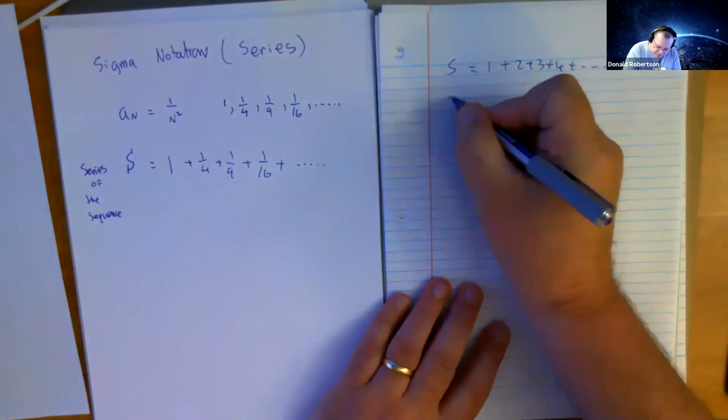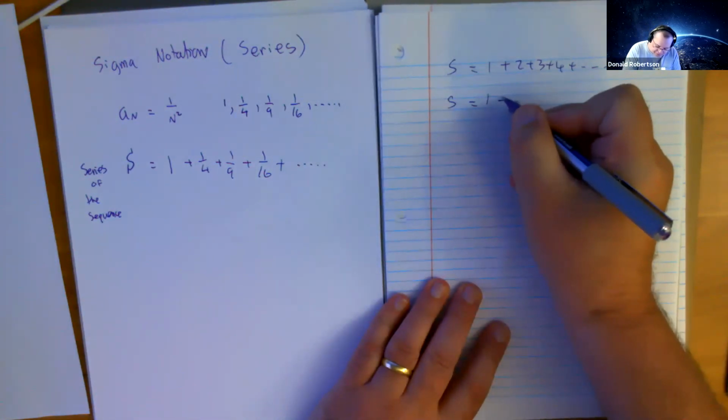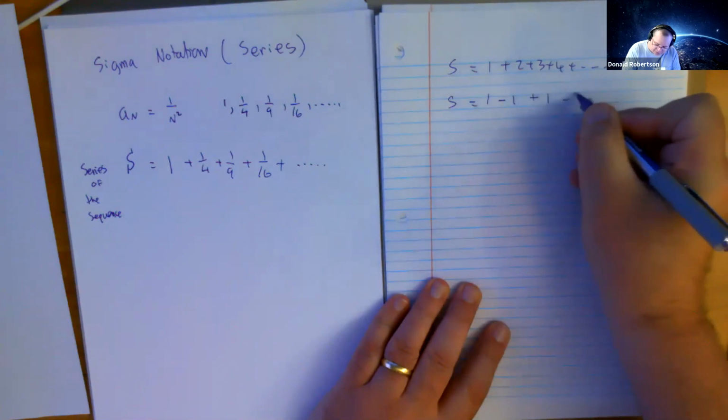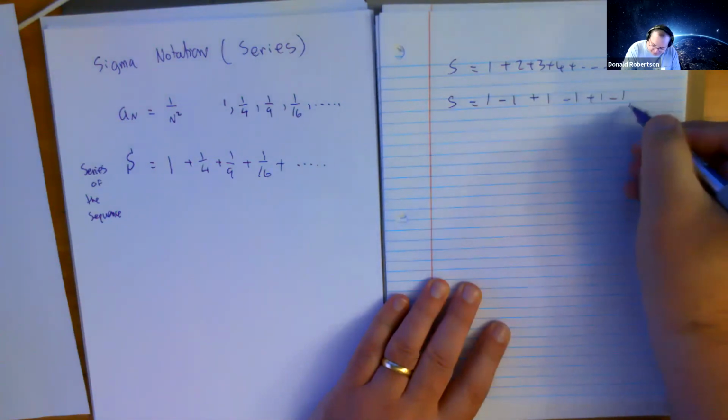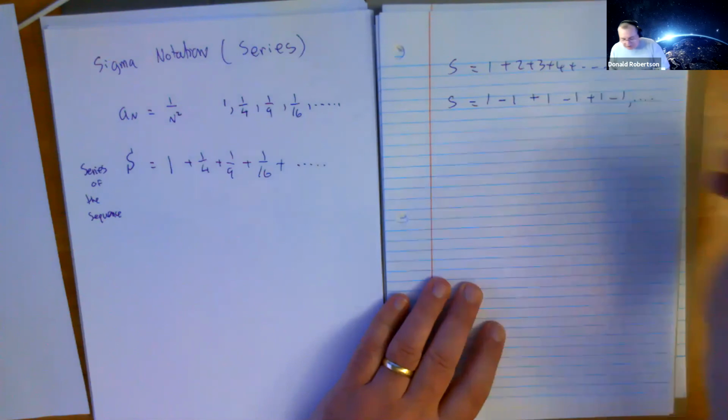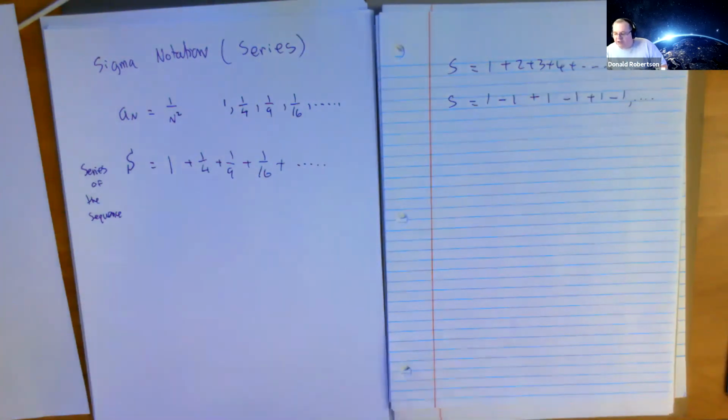But can you imagine a sequence that looked like this? Not very interesting, 1, but can you imagine that you were adding 1, -1, 1, -1 forever? What would happen if you continue to do that to the end of the universe, right, to infinity? Would you agree it wouldn't be homing in on one value?